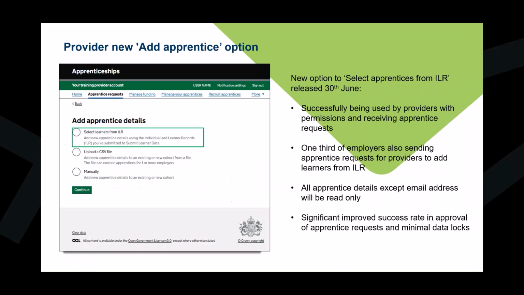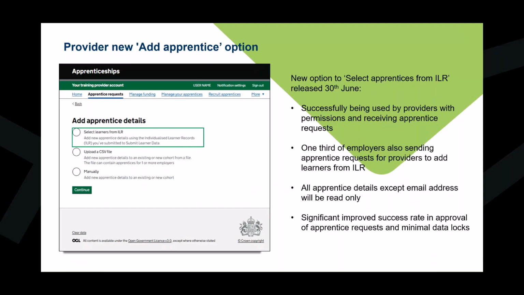So the new solution, for those that have tried it or seen it, there's a new option at the top of the Add Apprentice Details page. It's been designed, tested, and developed in collaboration with providers, and it was officially launched on the 30th of June. It is now being successfully used by providers with the appropriate permissions, alongside employers submitting apprentice requests to add apprentices.